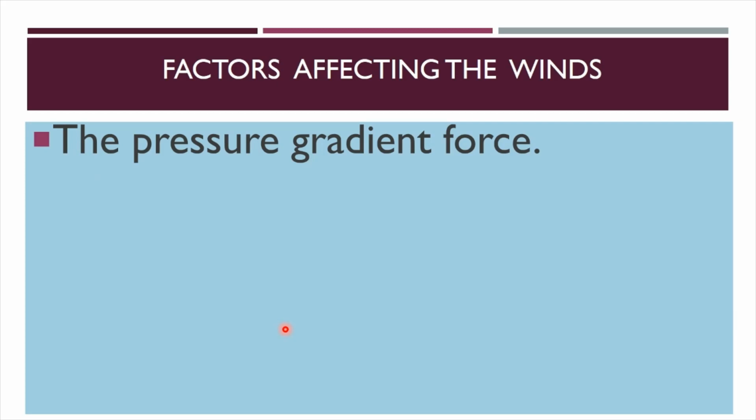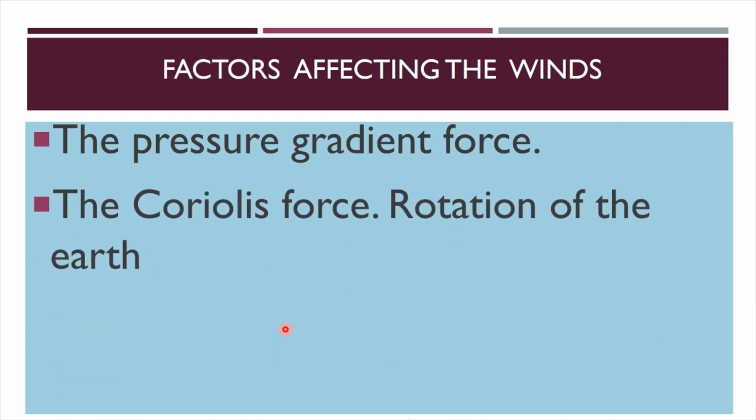This I already discussed with you. The pressure gradient force means pressure affects the flow of the wind. Next, the Coriolis force. That means the rotation of the earth. We already discussed Coriolis force in the first video. If you haven't seen it, you can watch the first video, the first part on pressure belts.